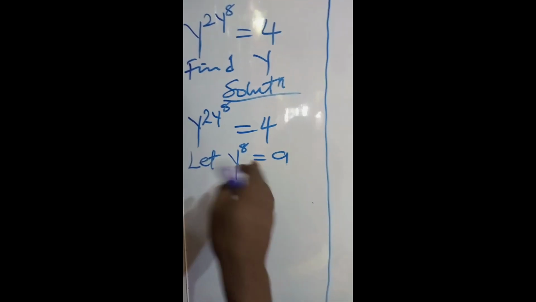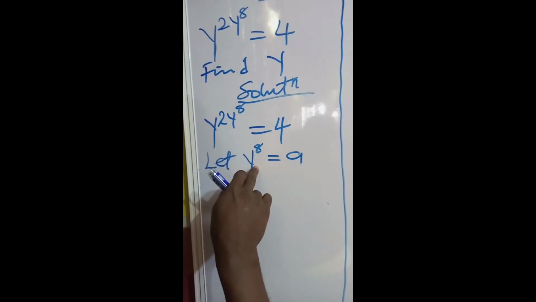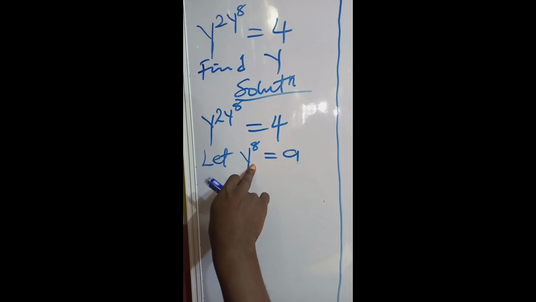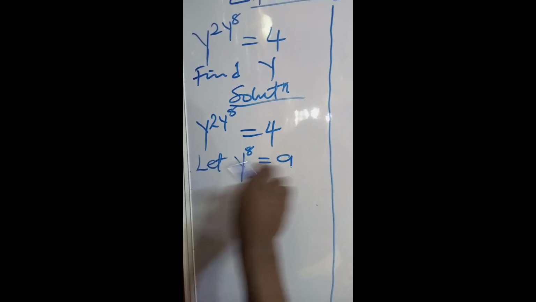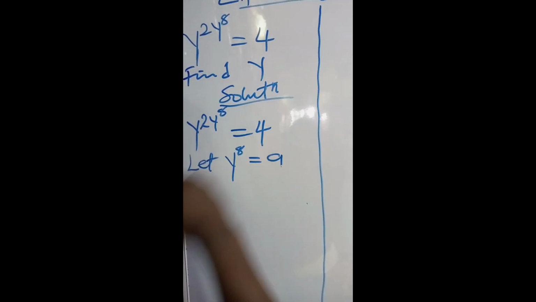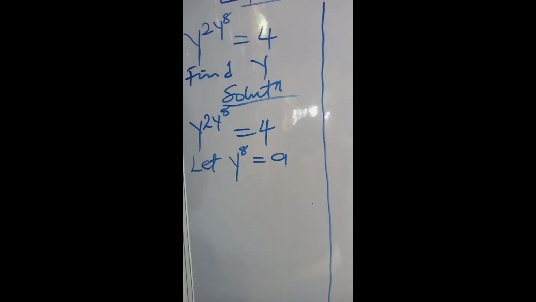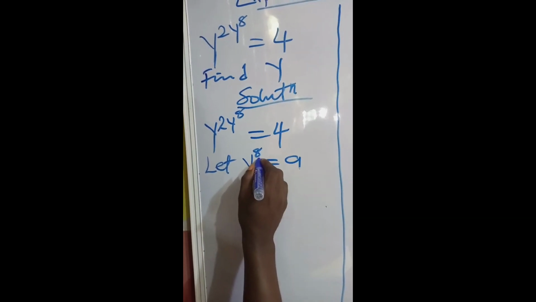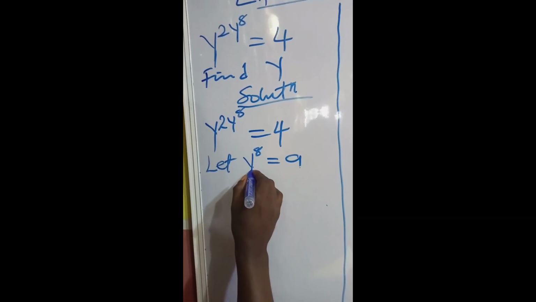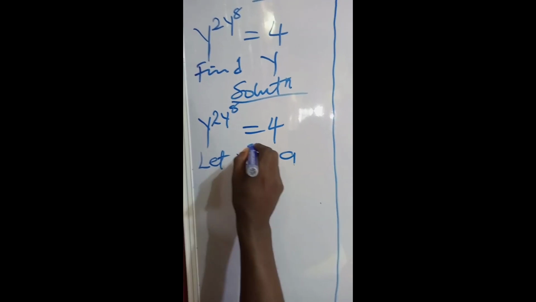But before that, let's first make y the subject of formula in this equation. To make y the subject, it means we want y to be alone without this power.